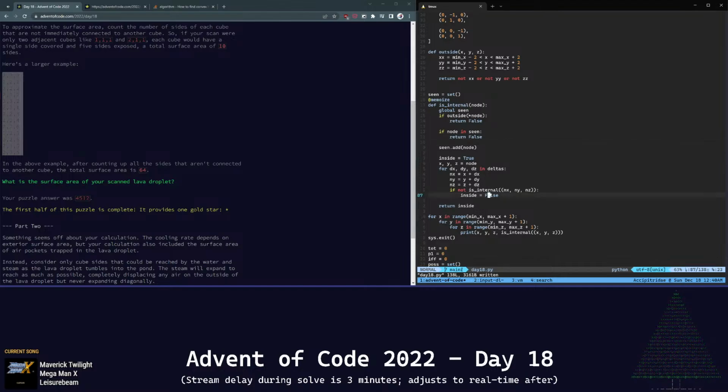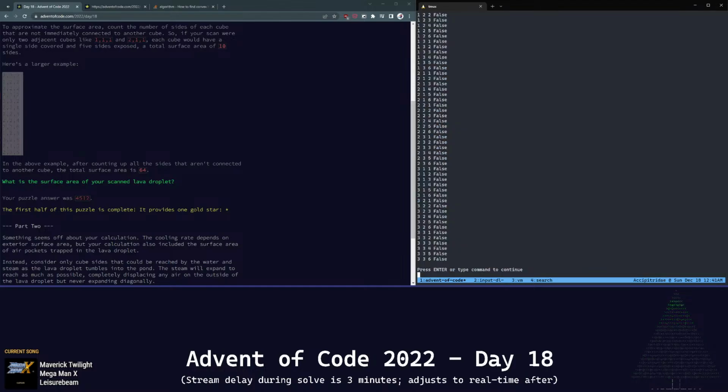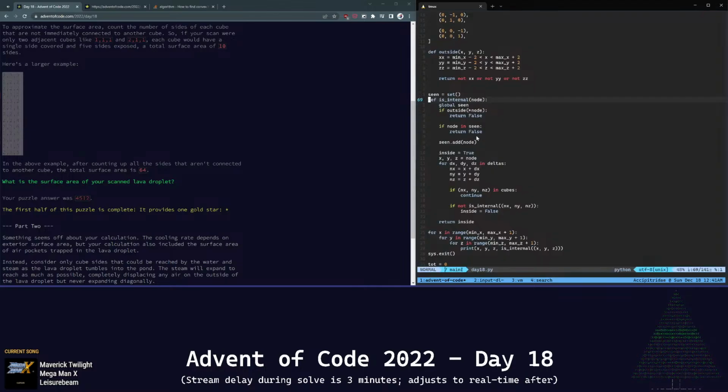Oh wait, I'm not even checking. We don't go out that way if we're in the queue, right? Can we even do it this way?